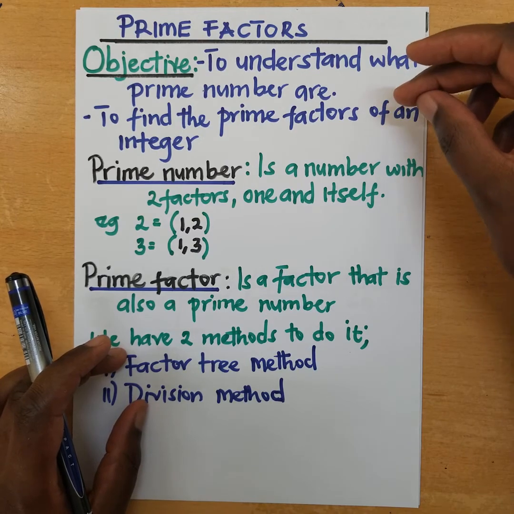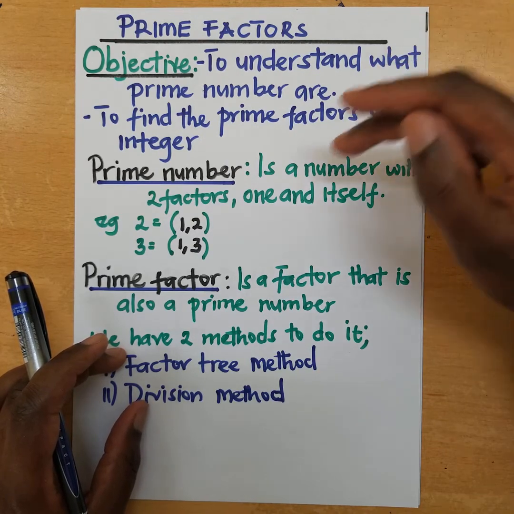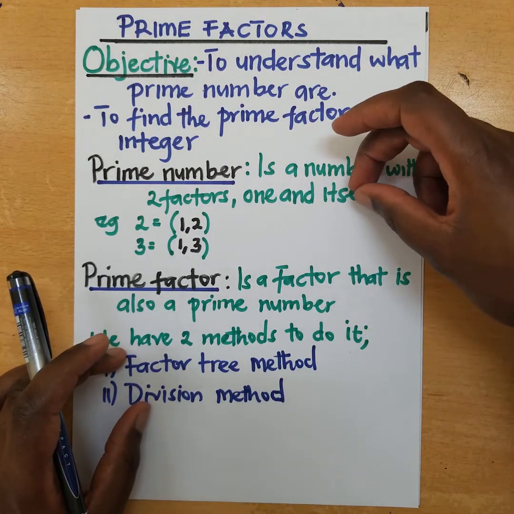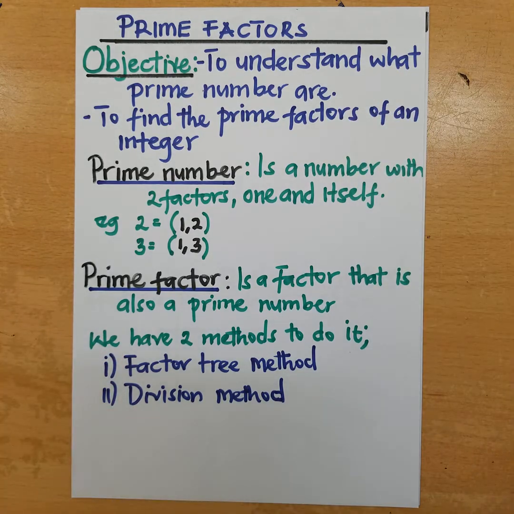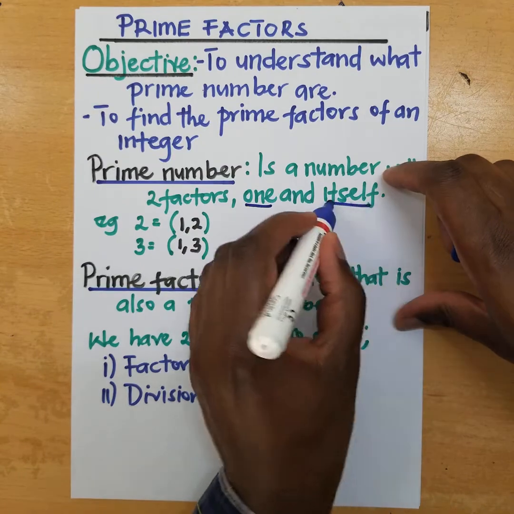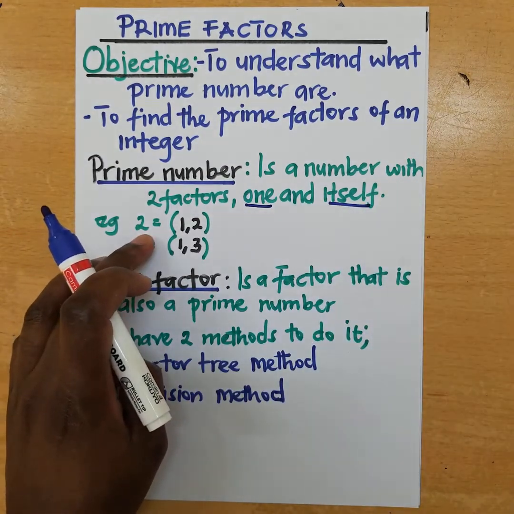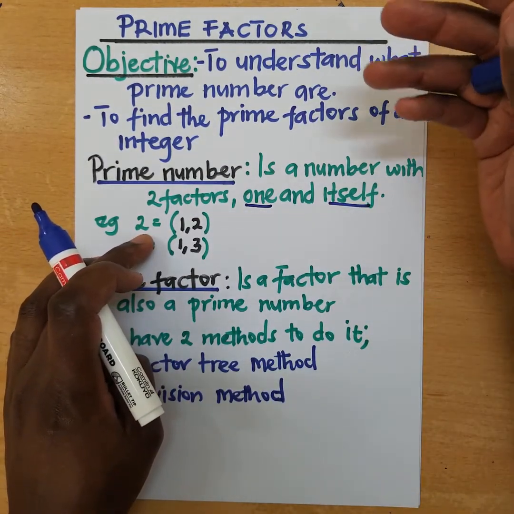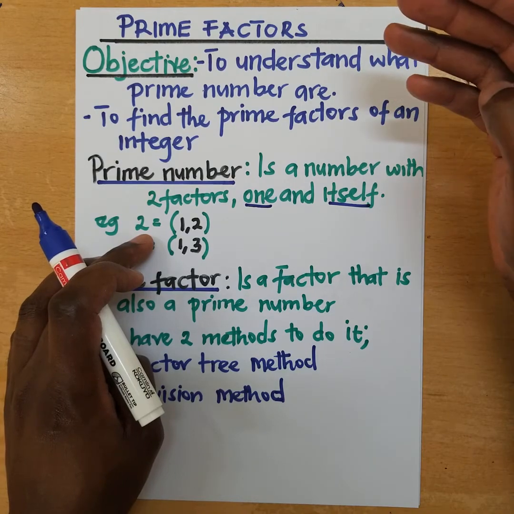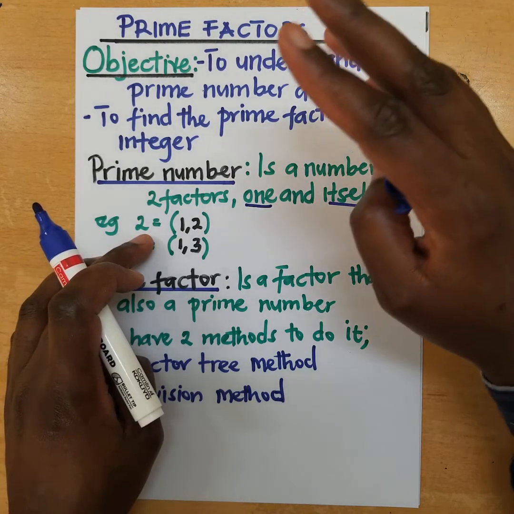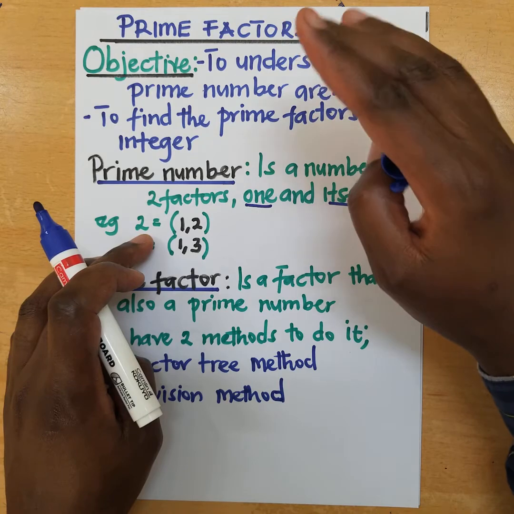A prime number is a number with two factors, one and itself. What do I mean by one and itself? If we recall, factors are those numbers that will divide a number or an integer and don't leave any remainder.